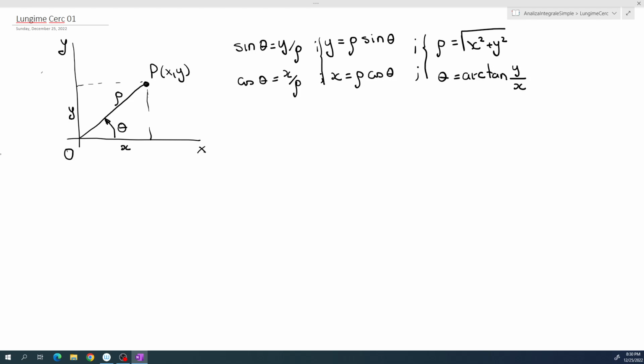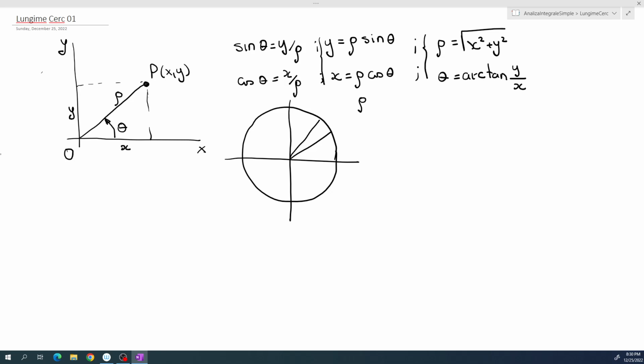How can we use polar coordinates to calculate the length of the circle? If I have a circle like this, rho for a circle is constant.